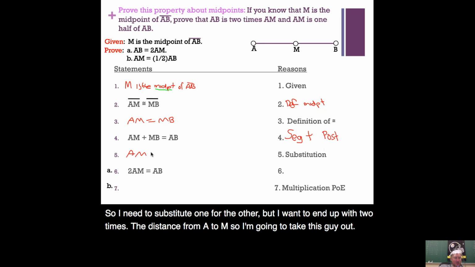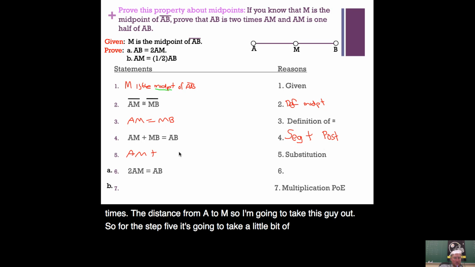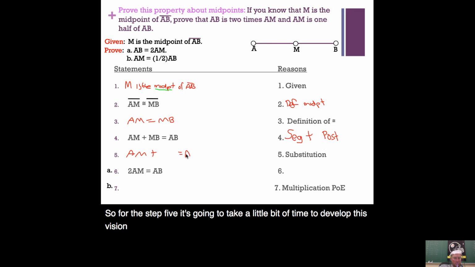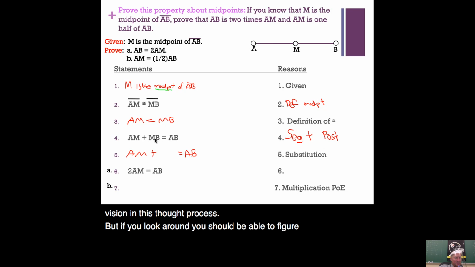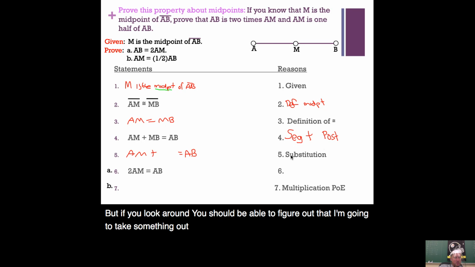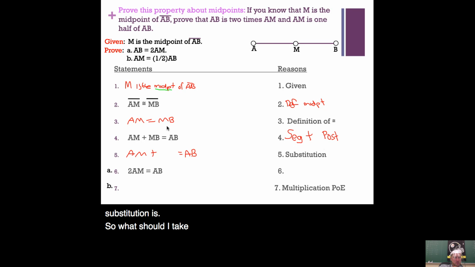So for step 5, it's going to take a little bit of time to develop this vision and this thought process. But if you look around, you should be able to figure out that I'm going to take something out and put something else in. That's what substitution is. So what should I take out? Since this guy equals distance from A to M, that's going to be my move.